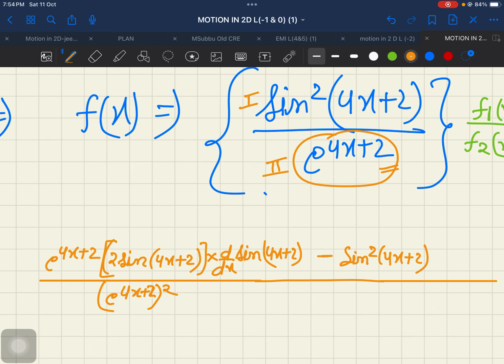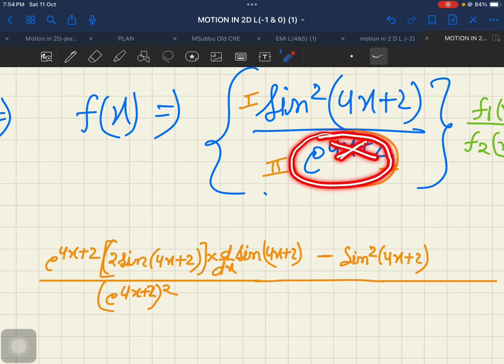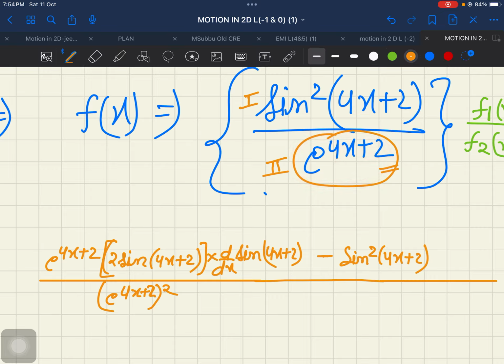When we differentiate this, we consider 4x plus 2 to be x. Then the differentiation of e to the power x is e to the power x, correct? Let me write it down this way for simplicity.